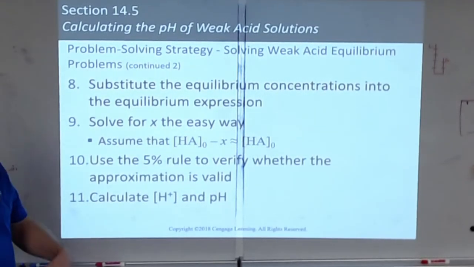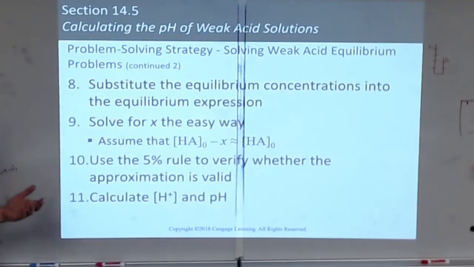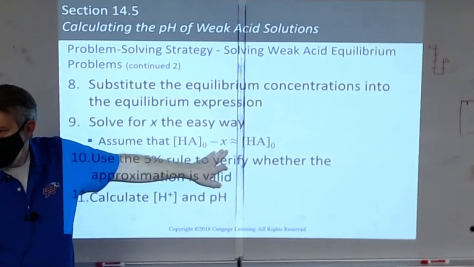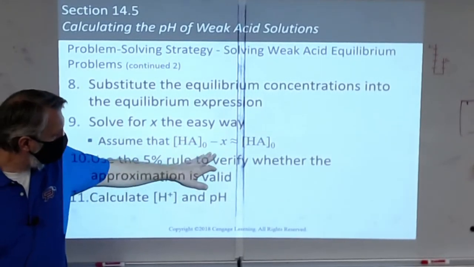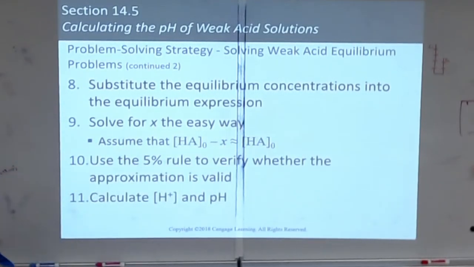It was cute. It was good. We know you actually have a real use for it. It wasn't just some fun thing that you learned in algebra. We're going to assume that X is going to be really, really small. So whatever this number is, subtracting this very, very small number from it is not going to change anything. And so we're going to say this is chemistry. We're going to practice some gray math. We're going to say that's close enough. We're then going to calculate the hydrogen ion concentration and the pH.